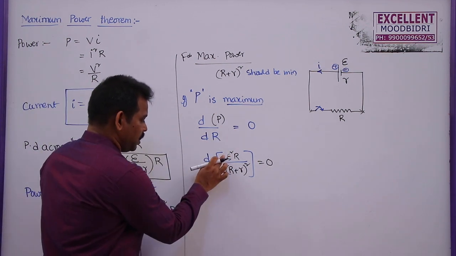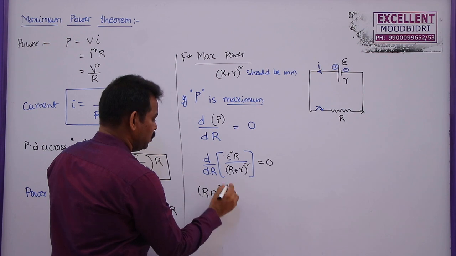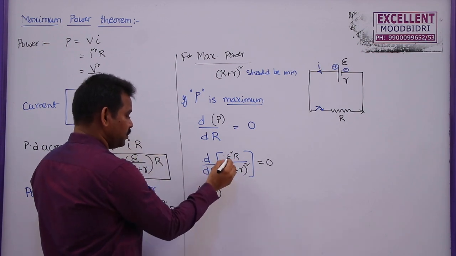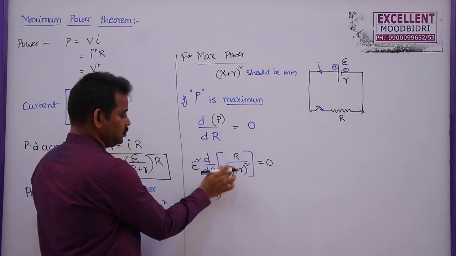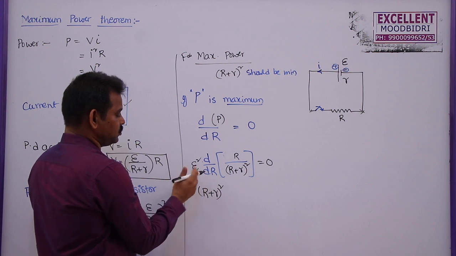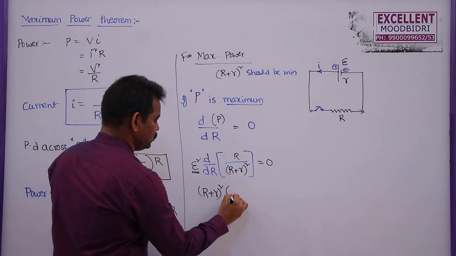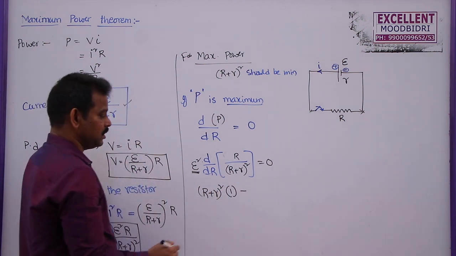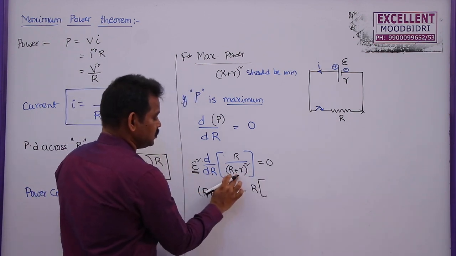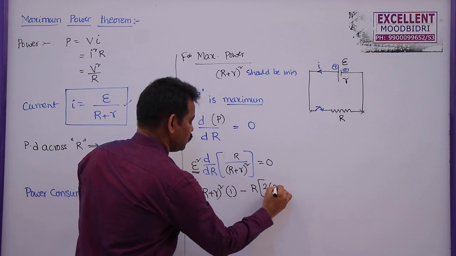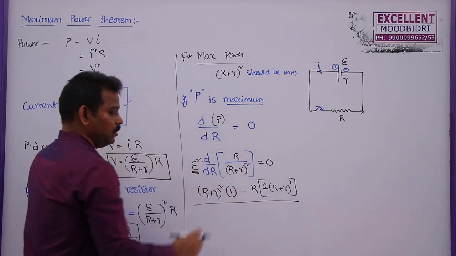Now this is in the form of u by v. So, we can write v into the derivative of u. While differentiating, as E square is constant, let me write E square outside only. This is in the u by v formula, so E square is a constant, bring it outside. So, v into the derivative of R with respect to R, which is 1, minus u into the derivative of this denominator, which is in the form of x power n, so n into x power n minus 1, that is 2 into (R plus r), all divided by v square.